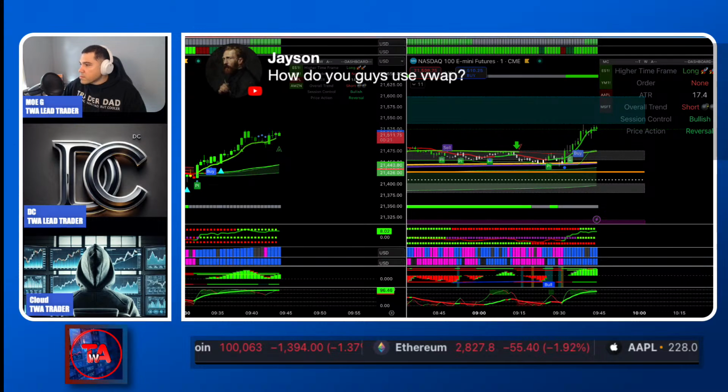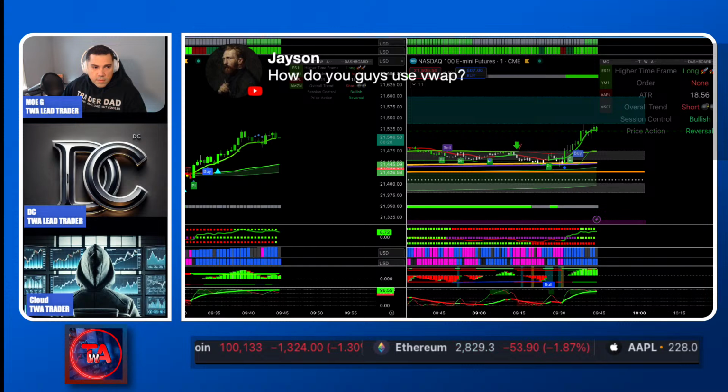First of all, the VWAP that we have from the algo has a little bit of magic in it, in the sense that it is color coded. But it is not color coded in the sense of, oh, we're above VWAP, so VWAP is green, or we're below VWAP, so it's red. There are times you're below VWAP and it's still green.